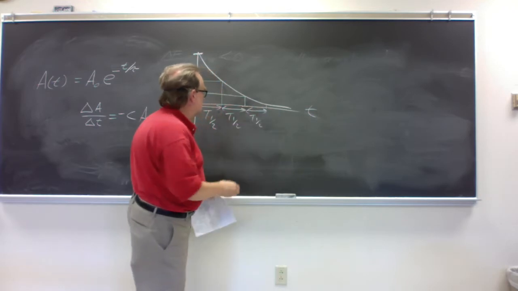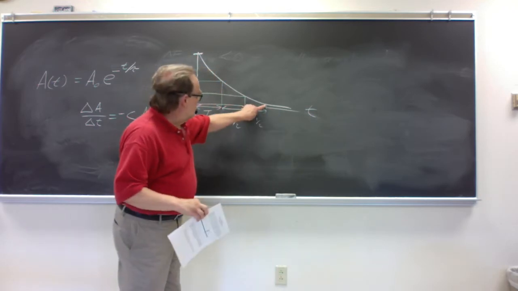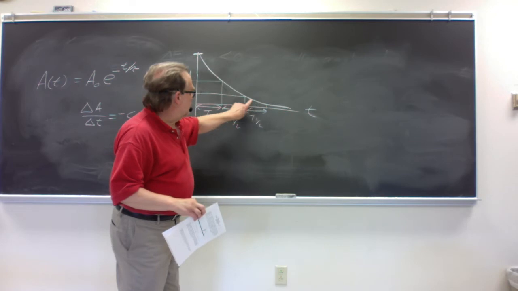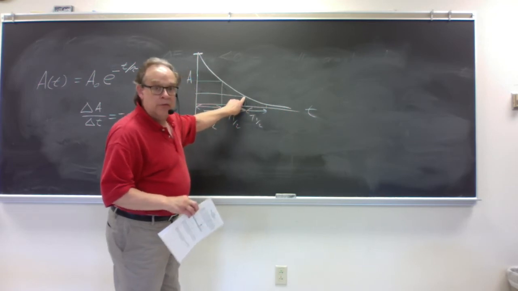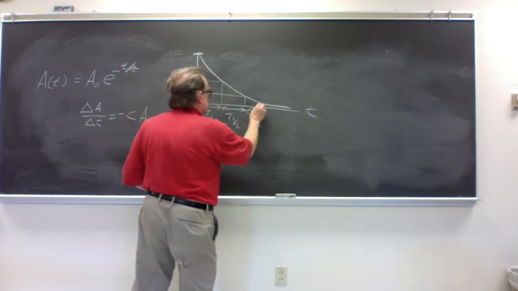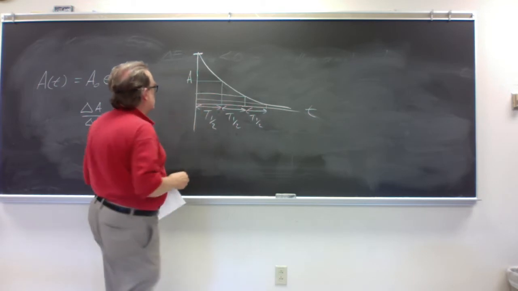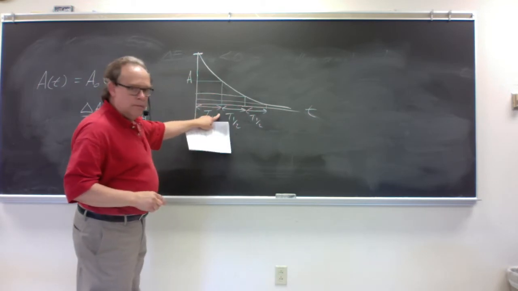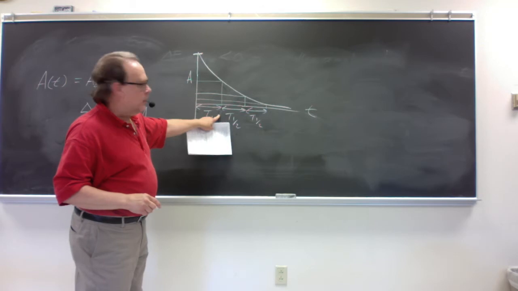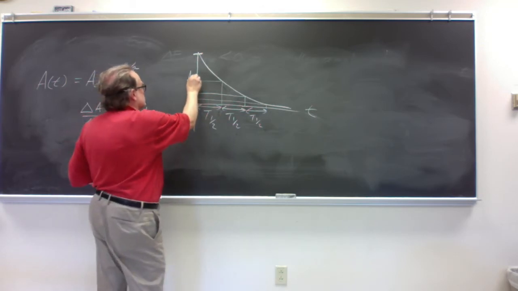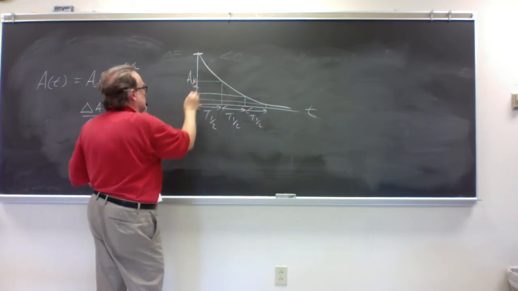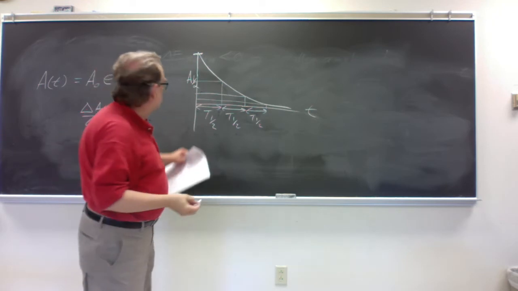And at that time, you now have half of what you had at the beginning of that time interval. That is, after one of these half-lives, the amplitude is down to 1/2 of what it had been.